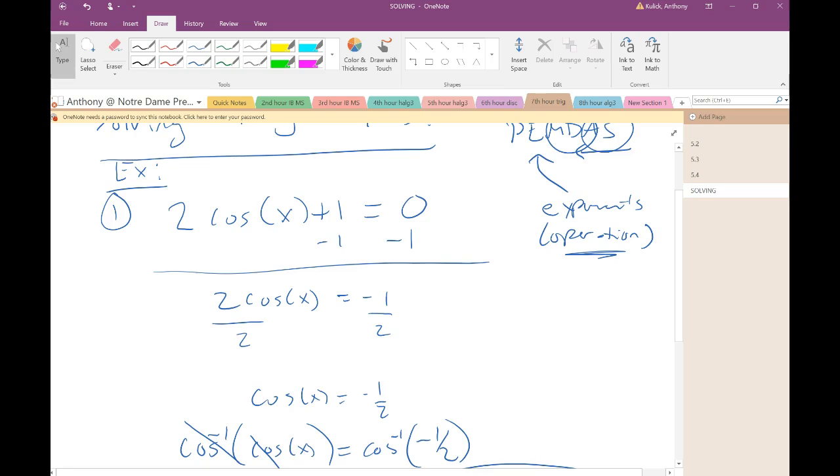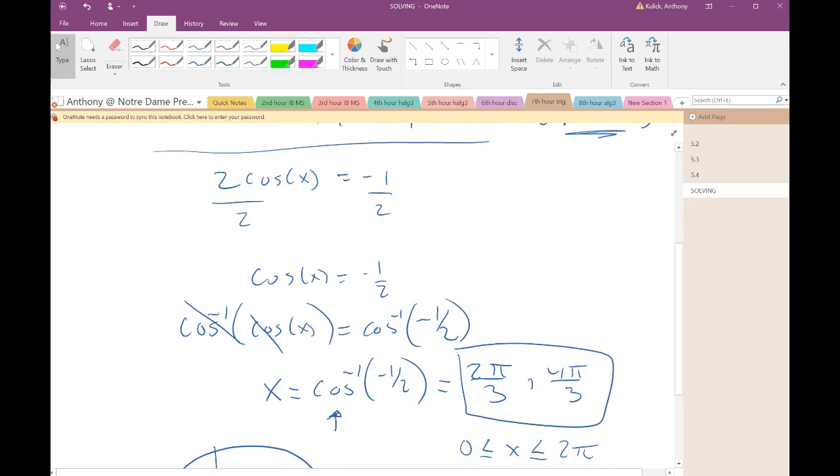A ratio of side lengths, a decimal number, right? So we input degrees or radians, and we output a real number. What the inverse function does is it maps the real number back to degrees or radians. So that's what's going on here. When I take the cosine inverse of negative 1/2, I get back an angle measure, either in degrees or radians.